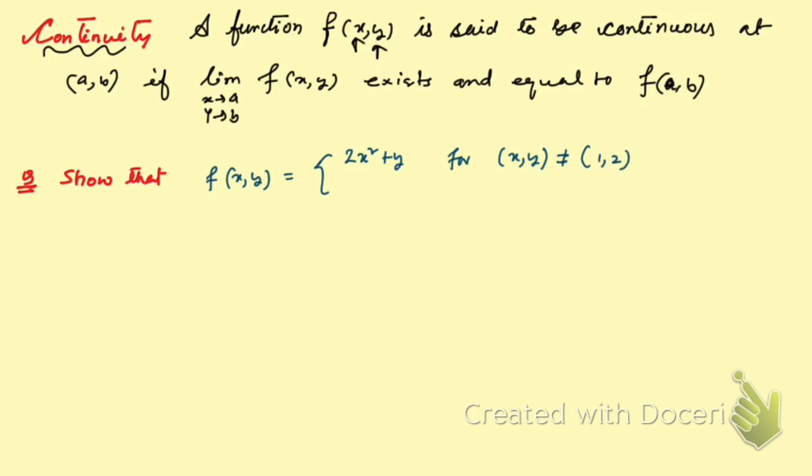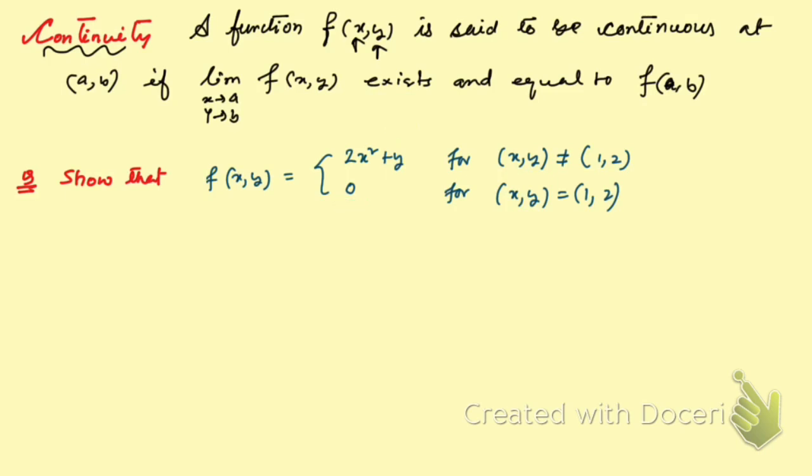When x and y are not equal to 1 and 2 respectively, the function is given by this expression, and otherwise, when x is equal to 1 and y is equal to 2, the function gives 0. So for (x, y) equal to (1, 2) the function becomes 0, and otherwise it becomes 2x square plus y. Such kind of function.